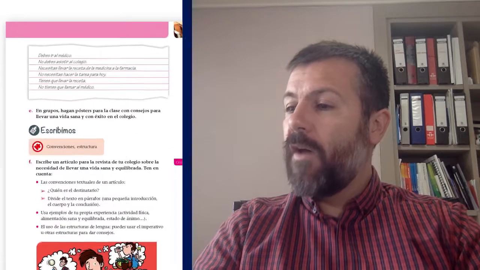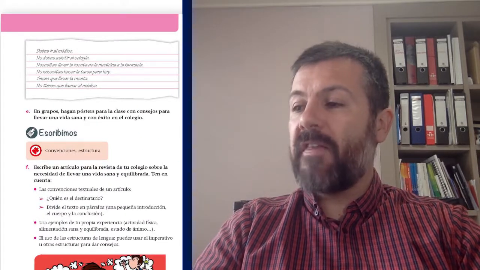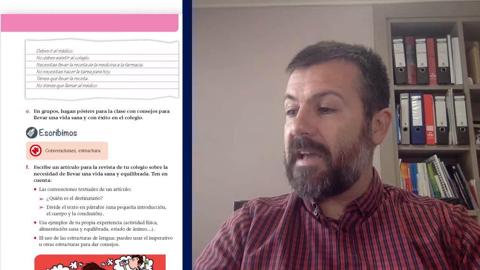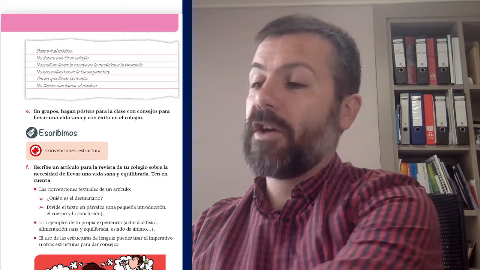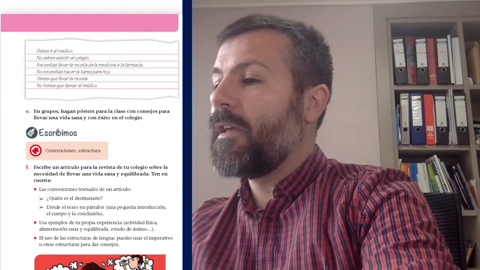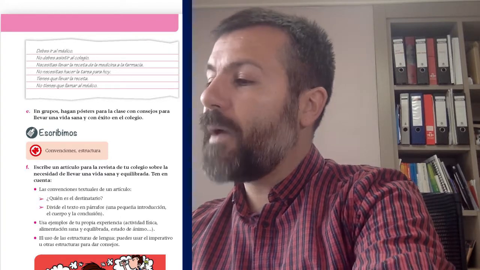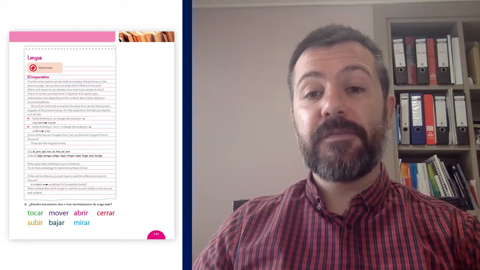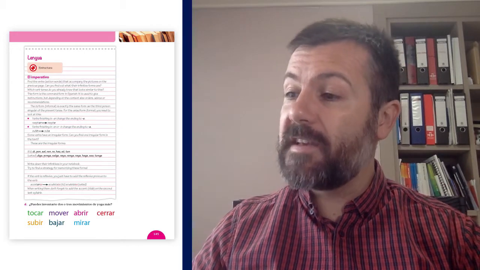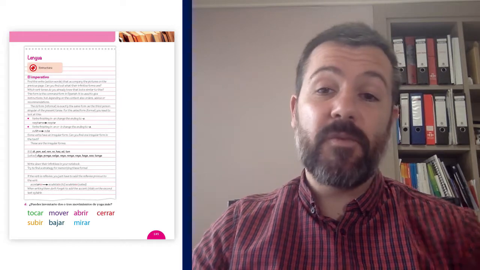On page 159, we also have an activity where the students need to practice the convention and the structure by writing a text, in this case, an article. And on page 145, we are teaching the language structures that are needed for this unit. In this case, it is the imperativo, the command forms, because we want to give advice, so students need to get used to those structures.